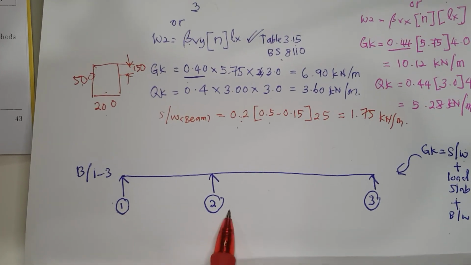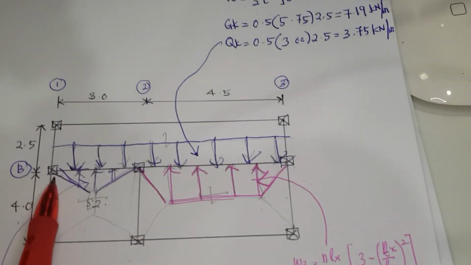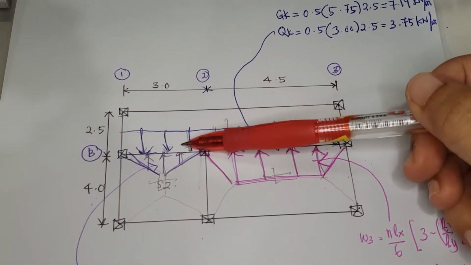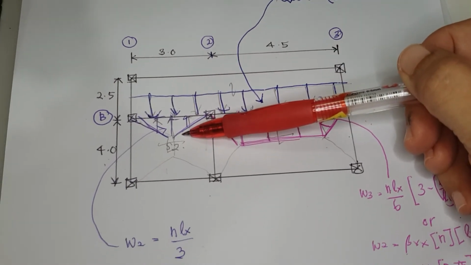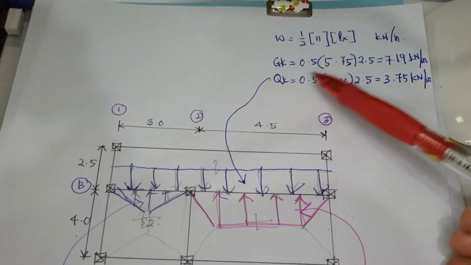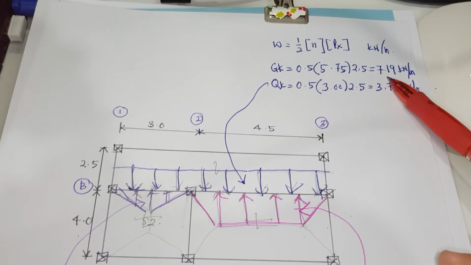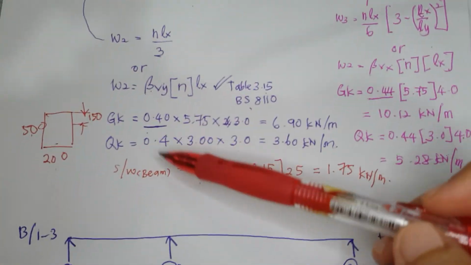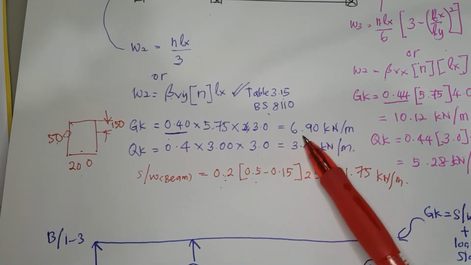Beam 1, 2 receives load slab from this slab and also this slab. This slab GK is 7.19. This slab GK is 6.9.